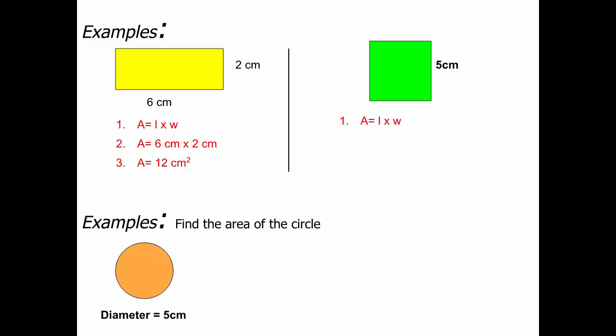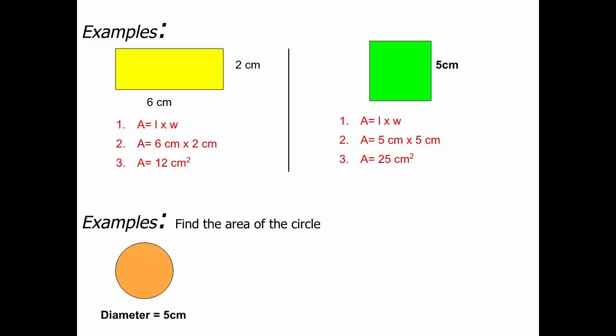Plug in the numbers. What are they? 5 and 5, 5 what? 5 centimeters. 5 centimeters times 5 centimeters. Final step. Dan? The area is 25 centimeters squared. Correct. Got it?